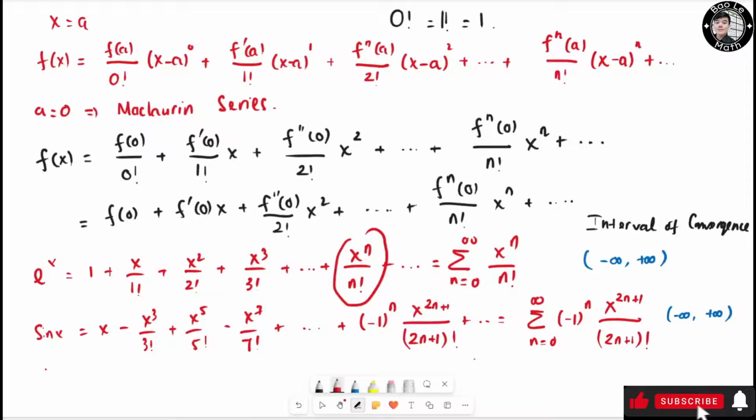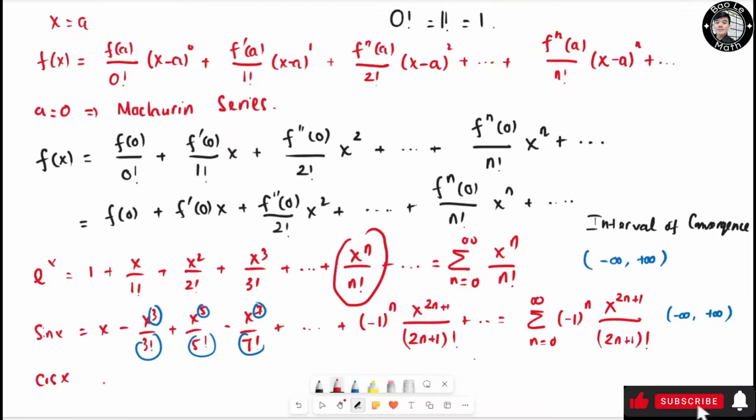Now, the last one is cosine. Note that sine x is an odd function, right? So the trick for you to memorize is to look at this one right here: 3, 5, 7, something like that.